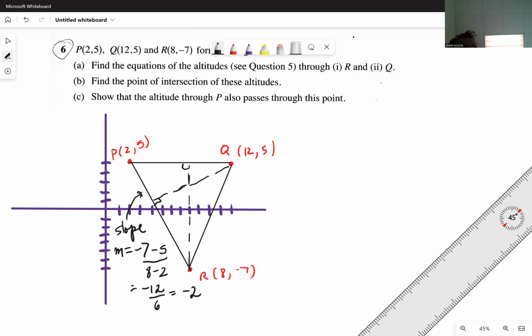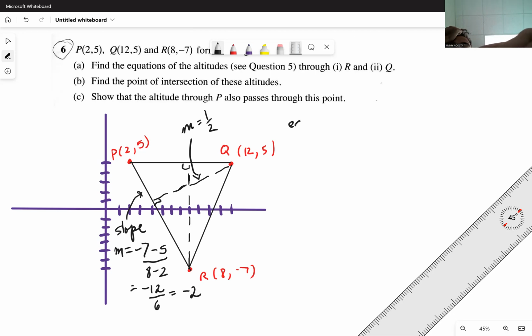So what would be the slope of this altitude there? What is that slope? It would be just +1/2. Therefore, the equation to the altitude, let's call it altitude Q. So the equation, let me just not be sloppy.